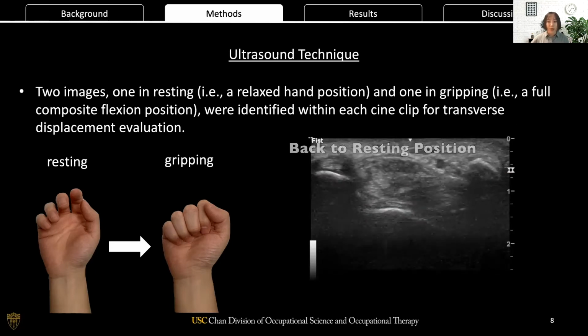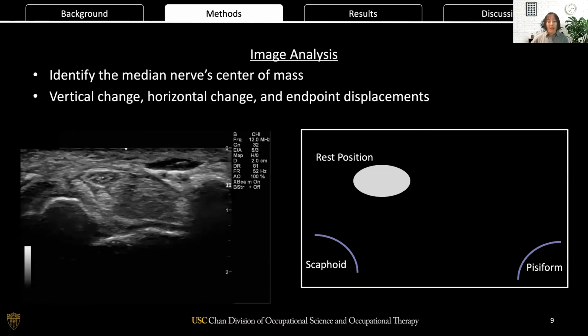We extracted 2 frames from the video, one representing resting and one representing gripping. We then identified the nerve's center of mass by drawing 2 lines bisecting the area of the nerve, as shown in the left image. We drew another 2 lines to confirm this point.